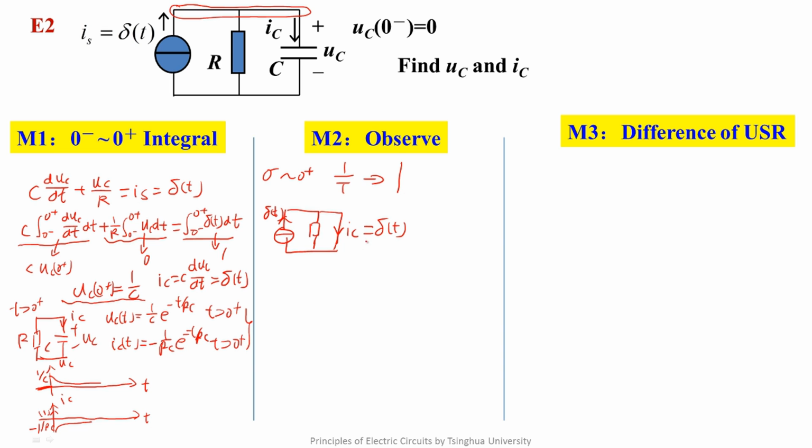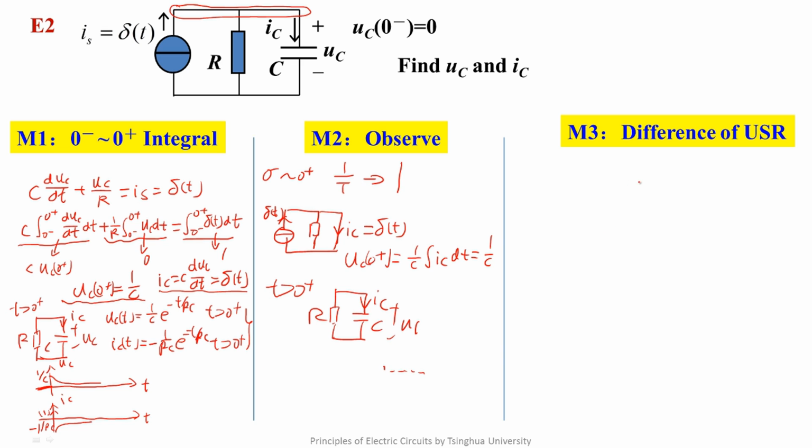So our supposition is wrong. Then UC 0 plus equals 1 over C times the integral of IC, which equals 1 over C. This conclusion is the same as that from the previous discussion. When t is greater than 0 plus, we still need to solve a zero input response. The whole analysis is the same as the previous one, and we won't discuss it again.